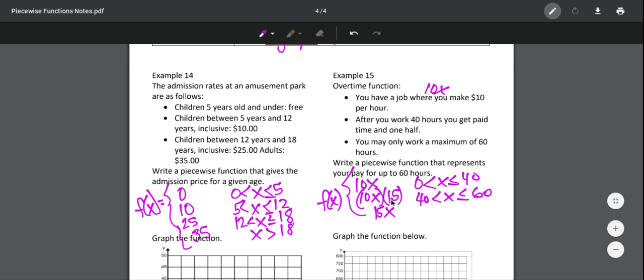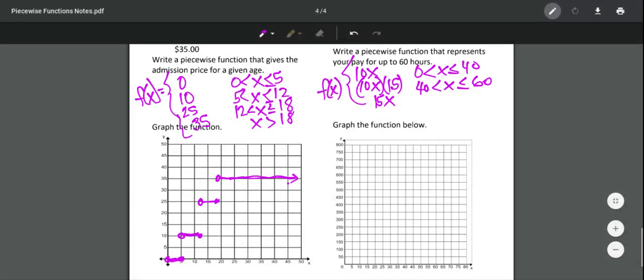So then when we're graphing, we just say from 0 to 40 is 10x. So we're going up 10. If I go up 1 and over 1, that basically is 10, right? Because look at it. That's up $10, up 50 over 5. 50 divided by 5 is what?